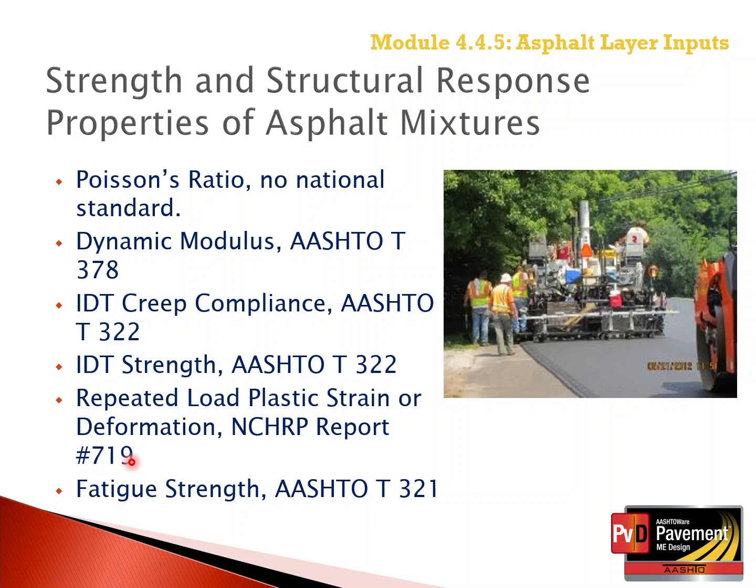A draft standard method of test consistent with the method described in NCHRP Report 719 was prepared and is available for use, but has yet to be balloted through AASHTO. The fatigue strength values are measured in accordance with AASHTO T321.